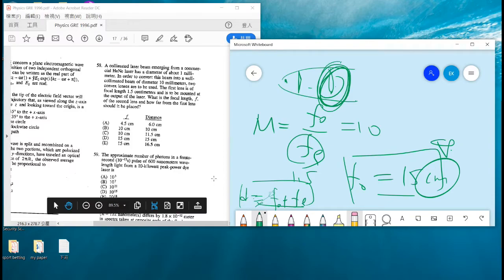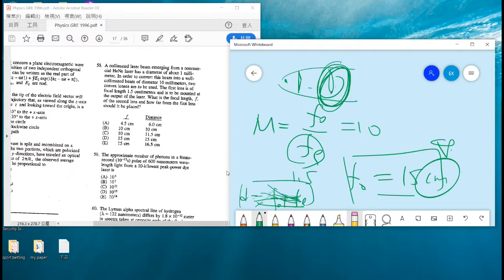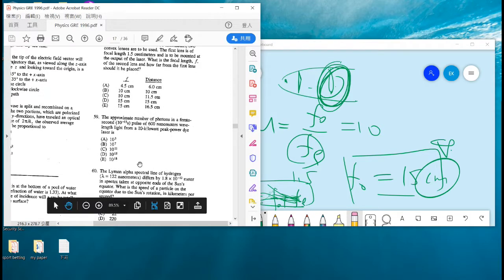So this is different from the original telescope. So the answer is just D. There's no need to add them together.